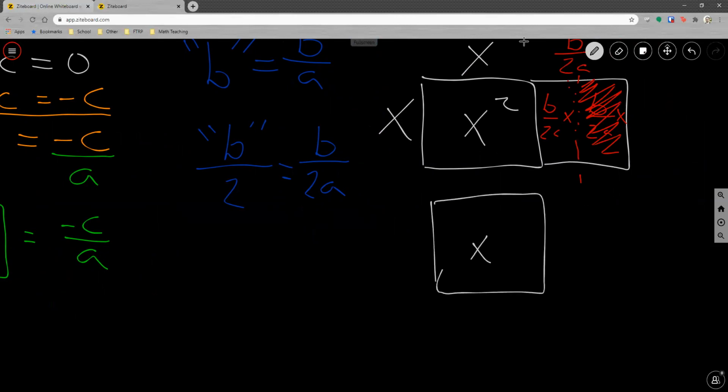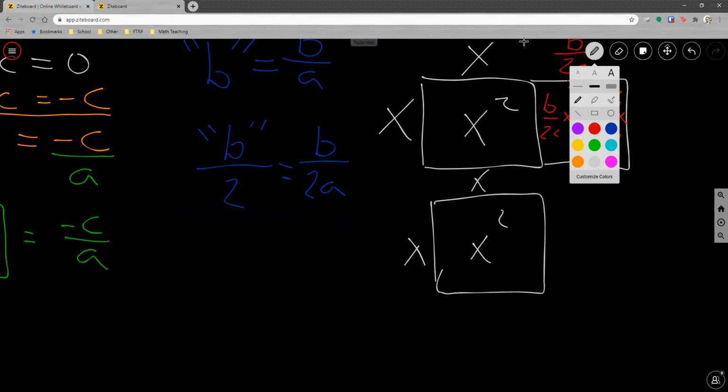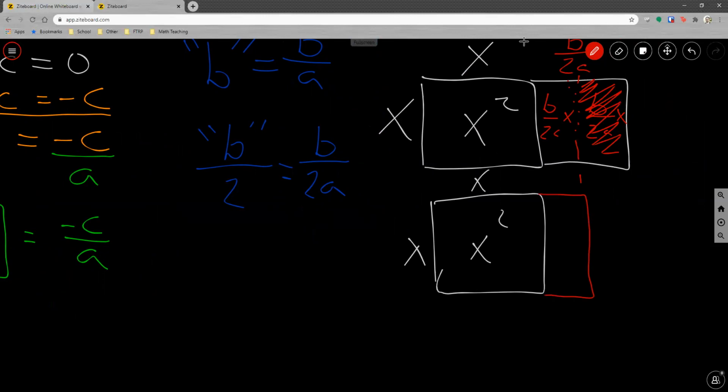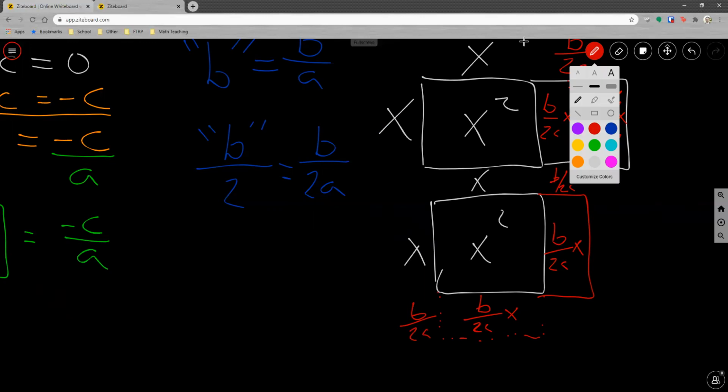I get x squared still on the upper left corner of this diagram, I've got b over 2a times x, and then that other piece comes down along the bottom here. So I've got basically 3 out of 4 parts of my square completed.